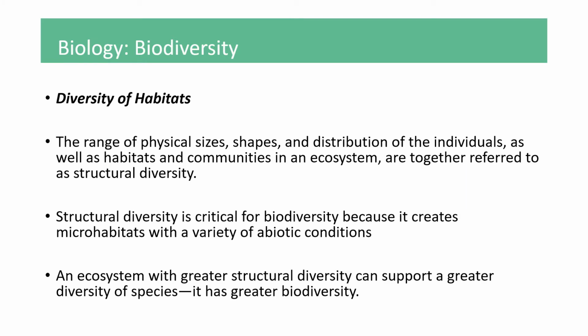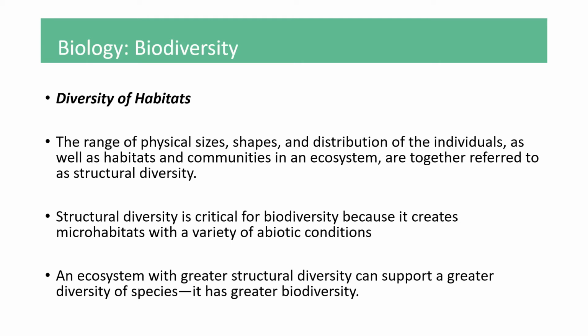The diversity of habitats. The range of physical size, shape, and distribution of the individuals, as well as the habitats and communities in an ecosystem, are together referred to as structural diversity.